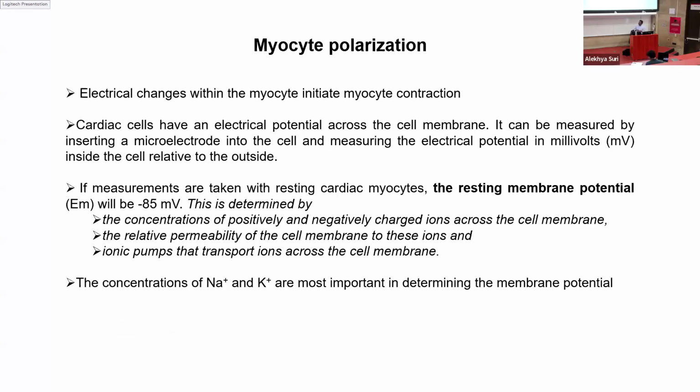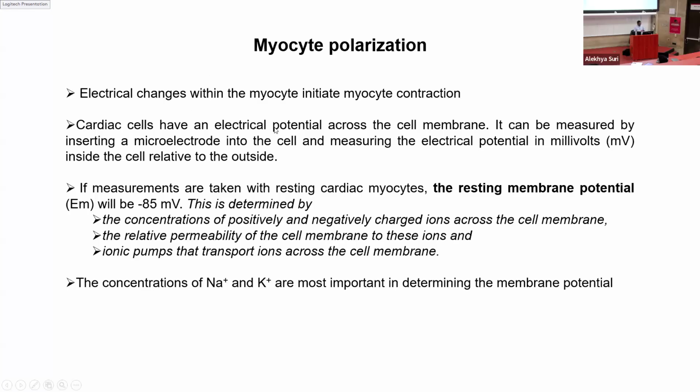Okay. So what is an electrical signal? If you take nerve cells, they have some kind of electrical potential, and you can measure the electrical potential using an electrode. In the same way, the cardiac muscle, or cardiac myocyte, also has some kind of electrical potential within the cardiac myocytes.